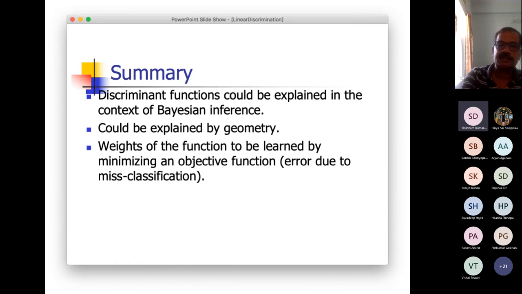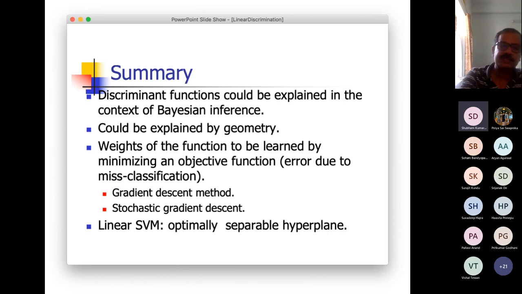We have also given geometric interpretations of hyperplanes and the separation of space. Then we formulated the objective functions for the support vector machines, and also the objective functions for obtaining a solution in the space for the linear discriminant functions. Of course, that solution may not be unique.